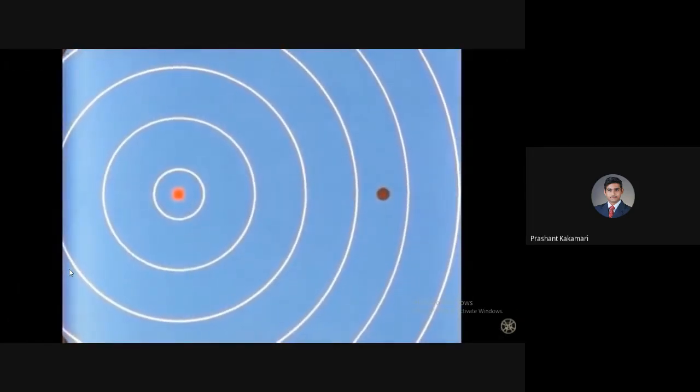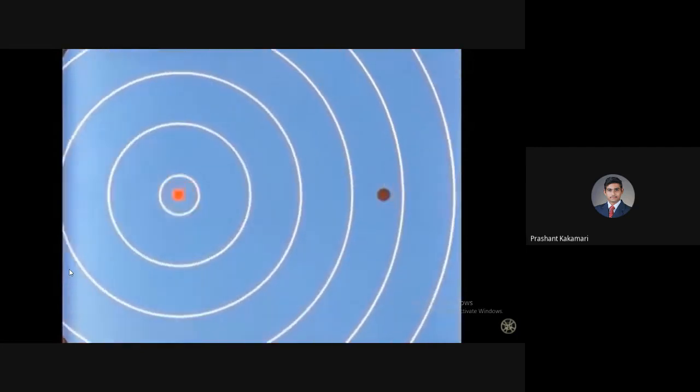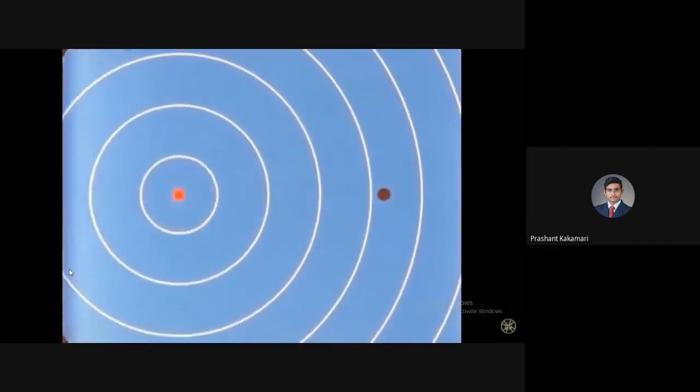The distance between two compressions is called a wavelength, represented by this symbol, the Greek letter lambda. This has shown how the compressions expand when the sound source stays in place.